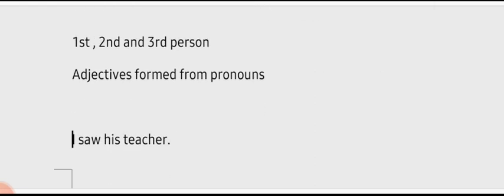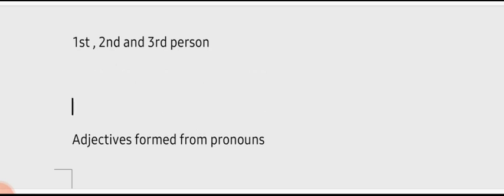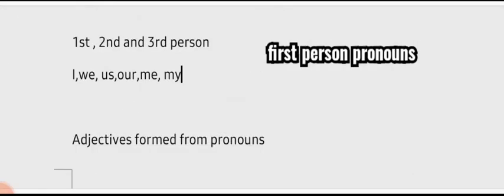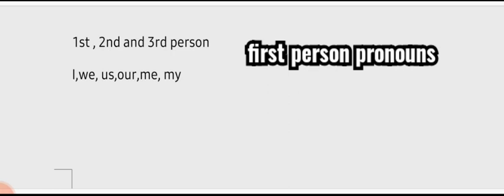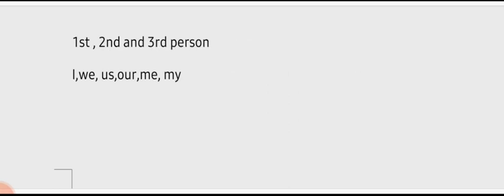Then we shall see what the persons are. Means in the English language, first person, second person, and third person. What are they exactly? When I say I, we, us, our, me, my, etc., these are the first person pronouns, right?